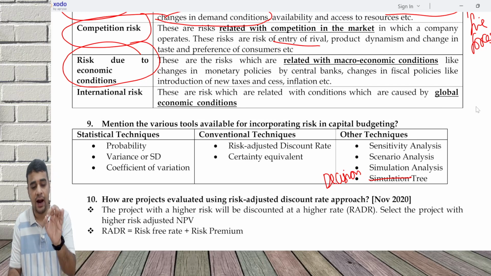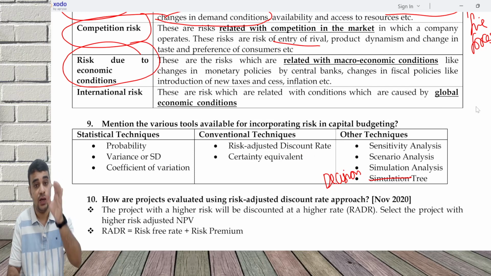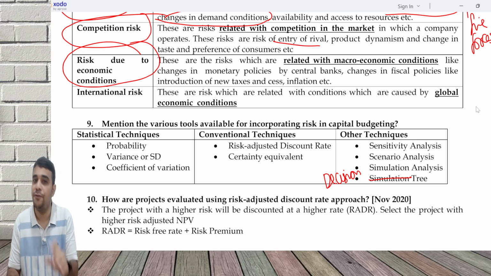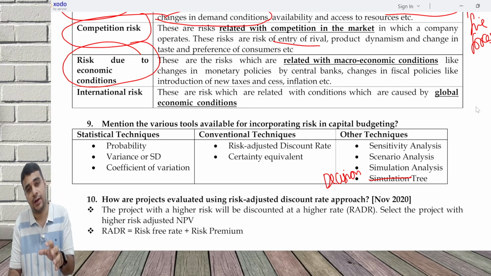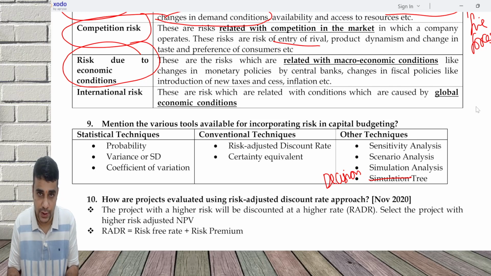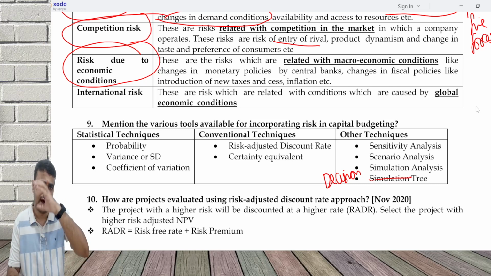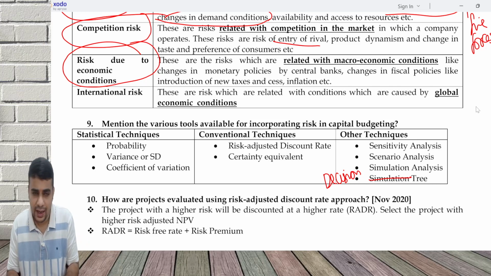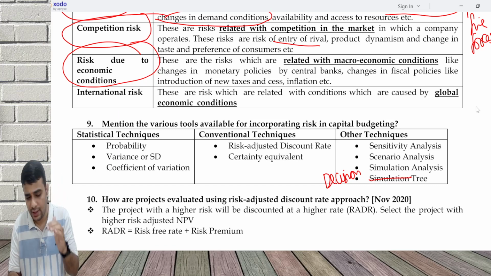First technique is RADR. RADR is very simple. What the RADR approach says is use different discount rates for different projects depending on the risk of a project. If a project carries high risk, evaluate it at a higher discount rate, and if it carries less risk, evaluate it at a lower discount rate.